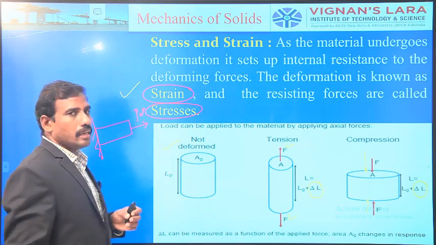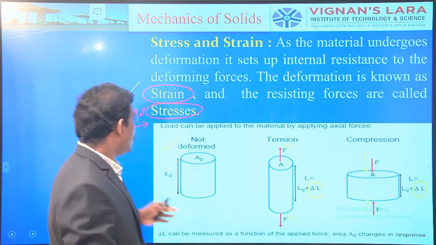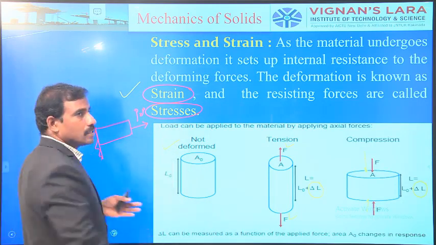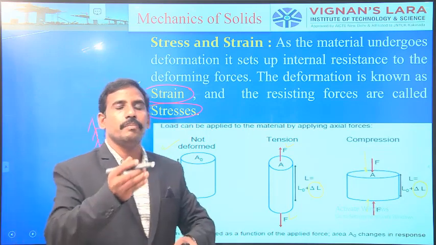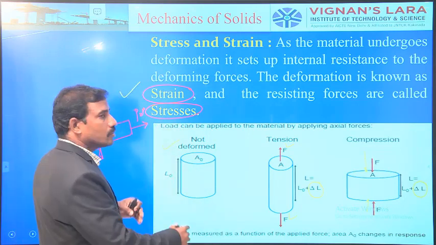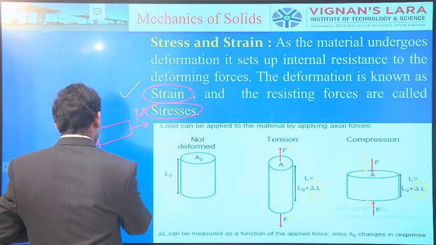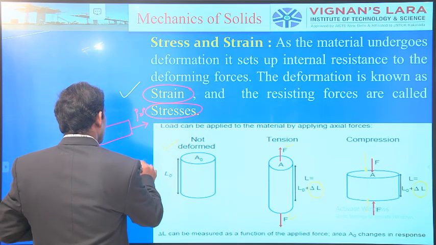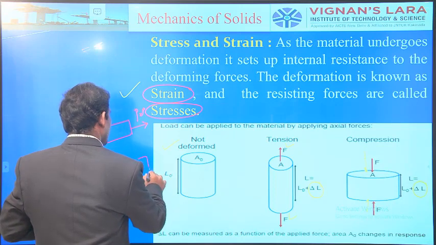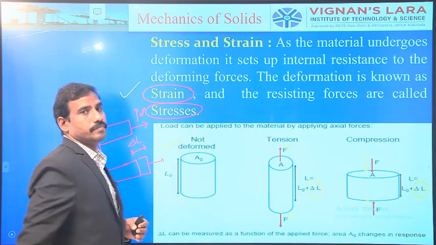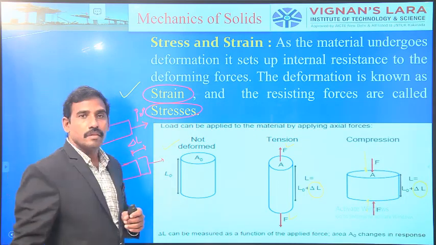Though a 10 kilonewton force is acting on the body, no measurable deformation takes place. Now I would like to increase the applied force from 10 to 20. Let us consider the second case. This is the same body. When the 20 kilonewton force acts on the body, the change in length is delta L. Alright? One thing to be remembered.